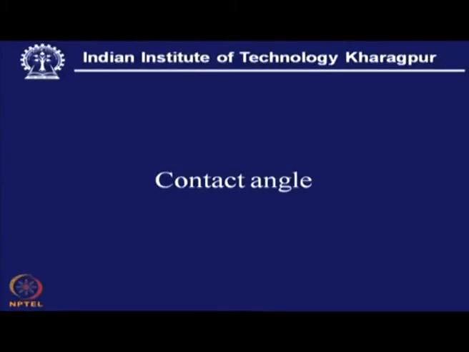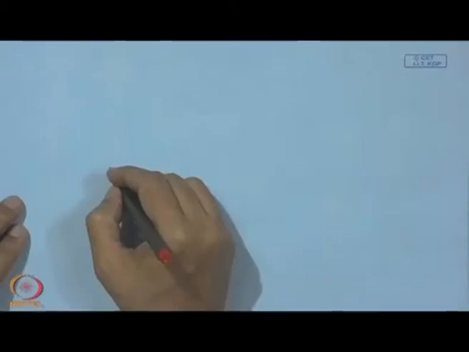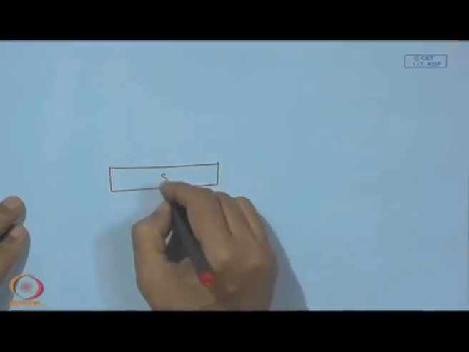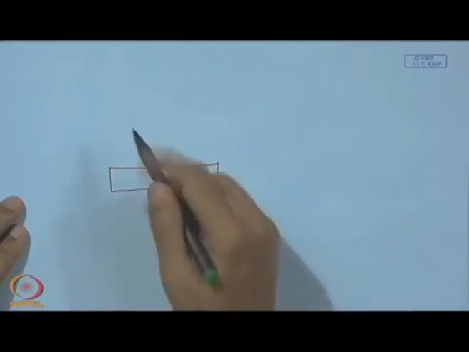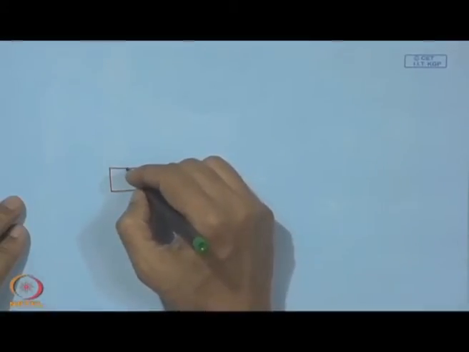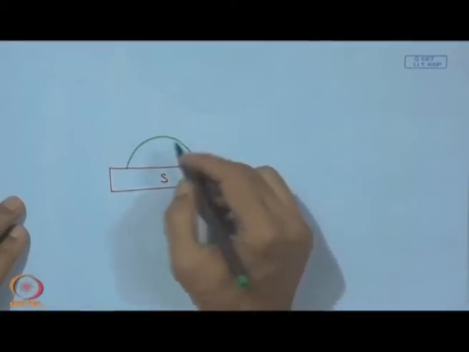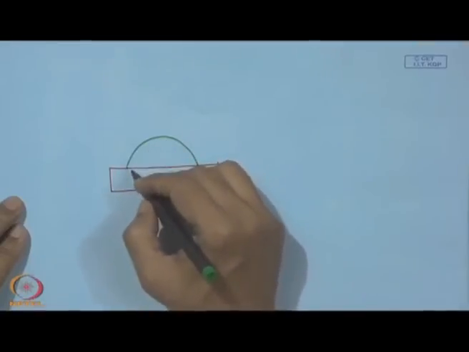Now, here more important is the term contact angle, and by this contact angle we can assess the degree of wetting of a liquid over a solid surface. So, this is the solid surface, and here this liquid is in equilibrium with the solid surface and making such a shape which is a part of a sphere.